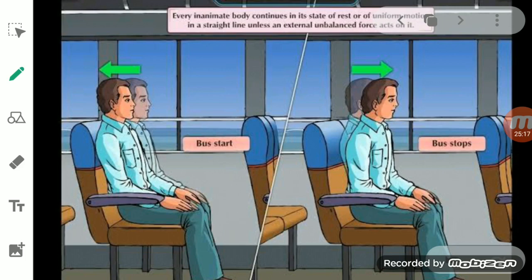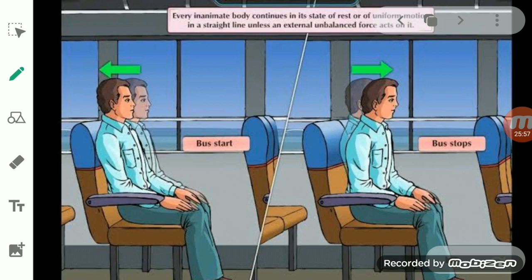You have seen that when you hang a carpet and beat it with a stick, the dust particles start coming out of it. And why is this so, student? When you apply force with a stick, as you start beating the carpet, the carpet comes into motion.